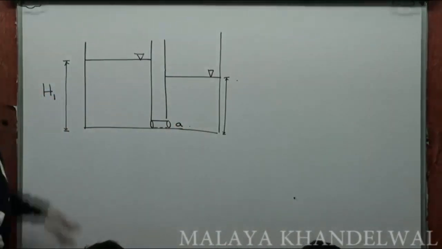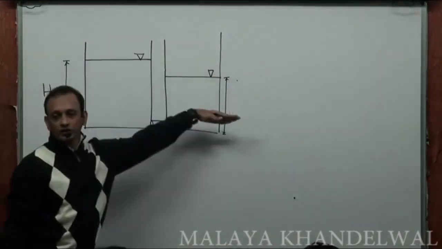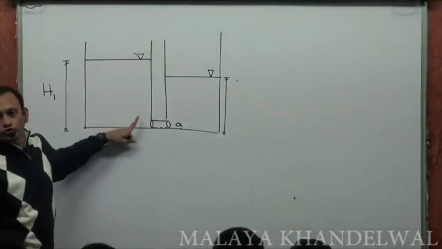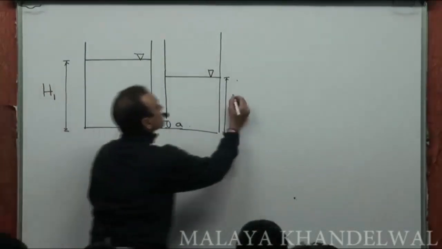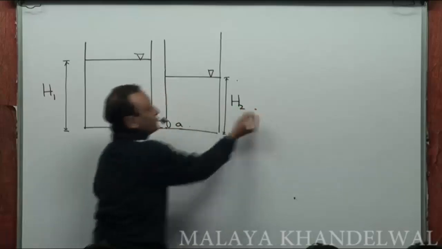Did I speak about the flow rate from one to the other? Velocity of flow would be root 2g into the difference in the levels, h1 minus h2, right?